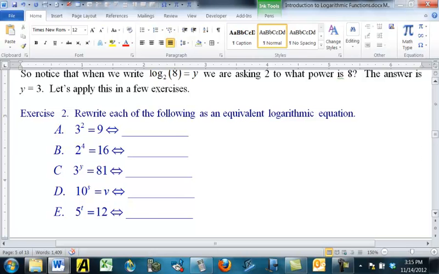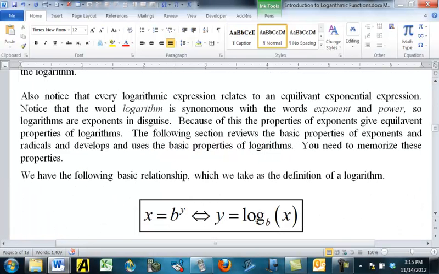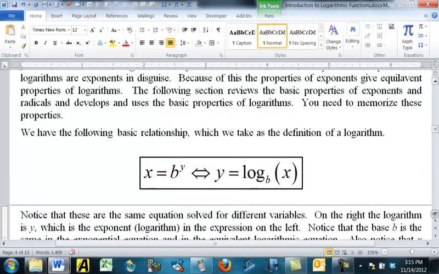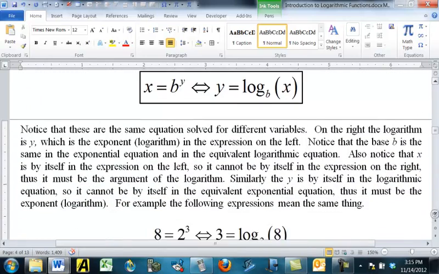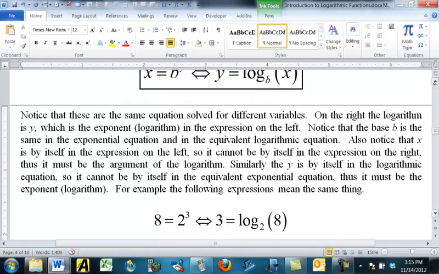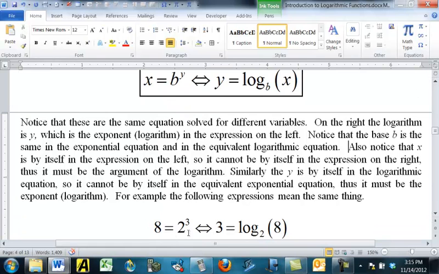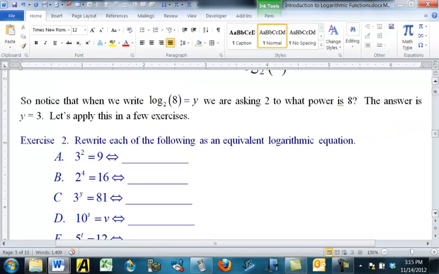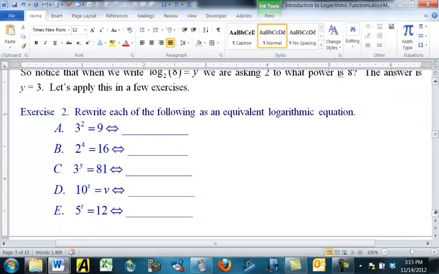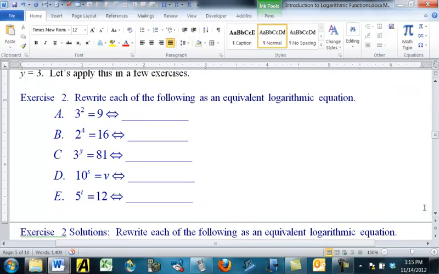Let's review real fast. You're going to be using this basic property. Here's an example, where we take something that looks like the thing on the left and rewrite it as something like the thing on the right. You might want to jot that down and then try these exercises on your own. Go ahead and do this now. Press pause.